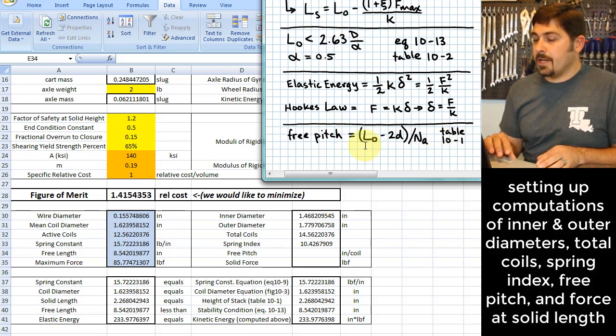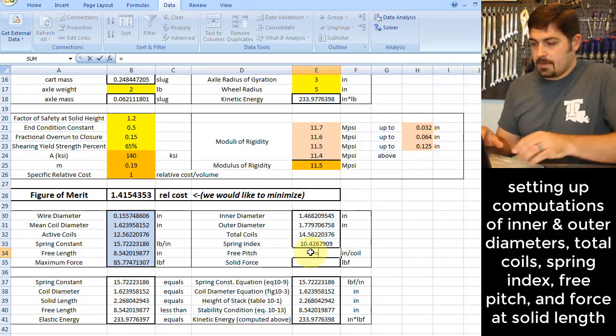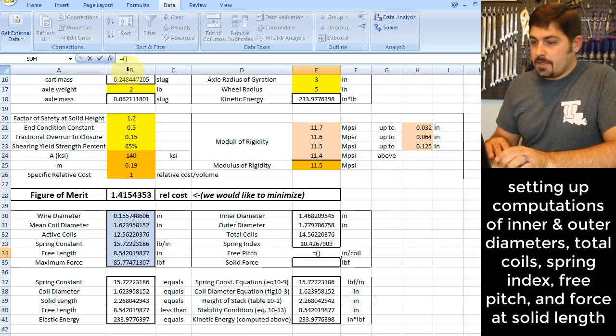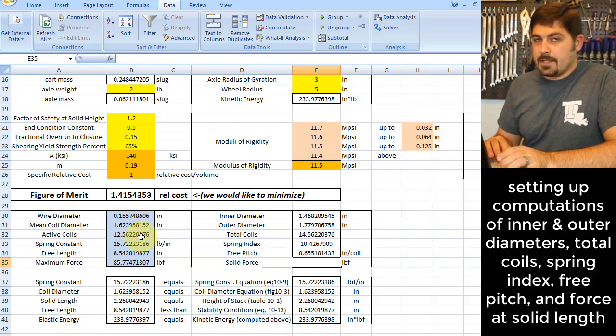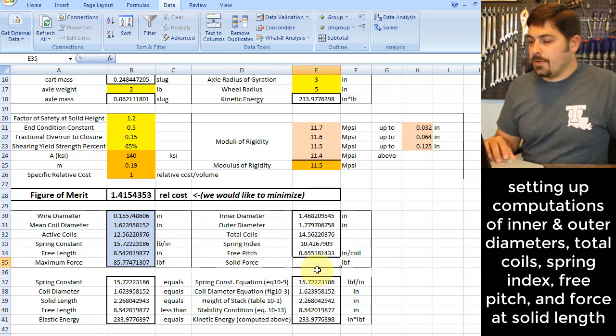It's just the free length minus 2 wire diameters, and divide that by the number of active coils. Okay, and that just tells us how far it is between each coil. That's sometimes an interesting thing to know, and that's when it has no load applied to it.